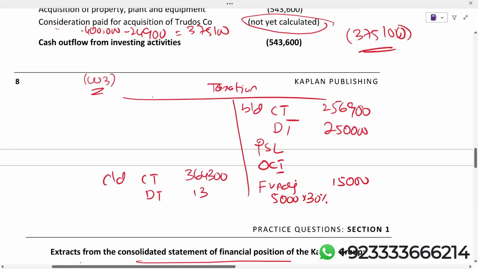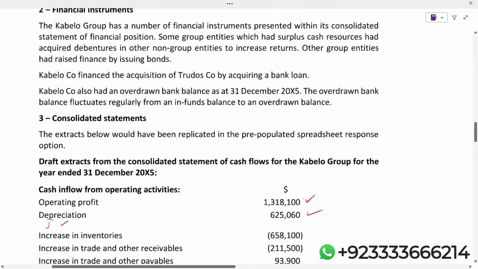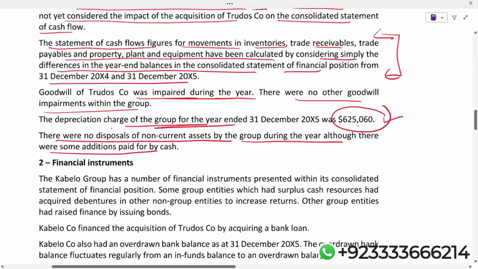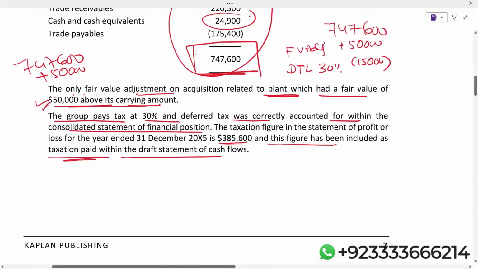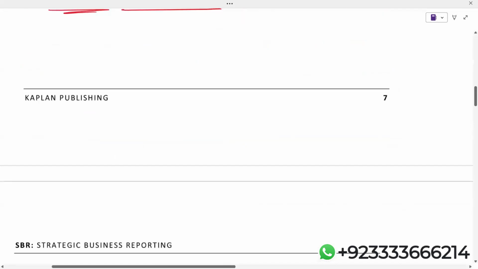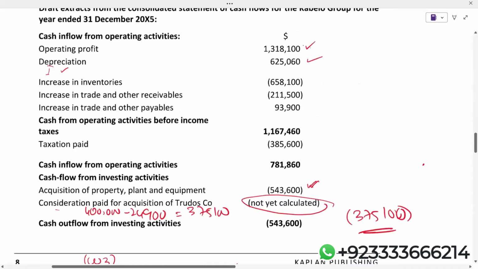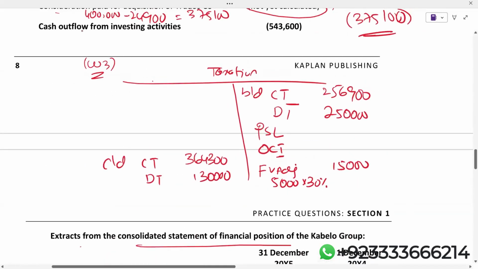It was 130. What about P&L, profit and loss? Taxation, tax is here. The taxation figure in the statement of profit and loss is 3,85,600. There's nothing in OCI.